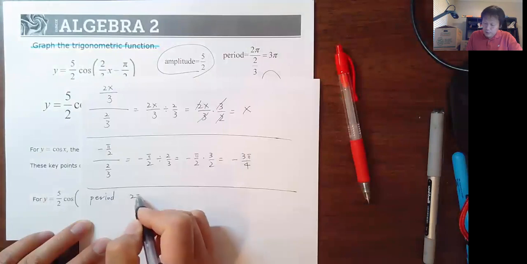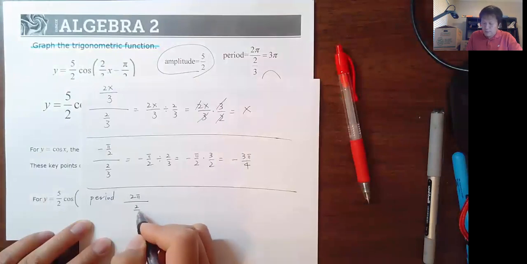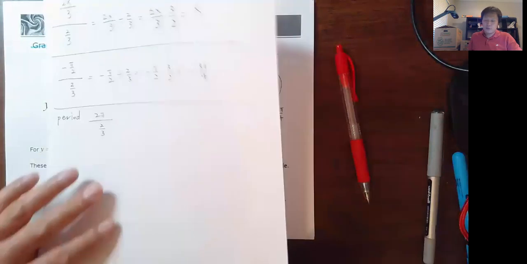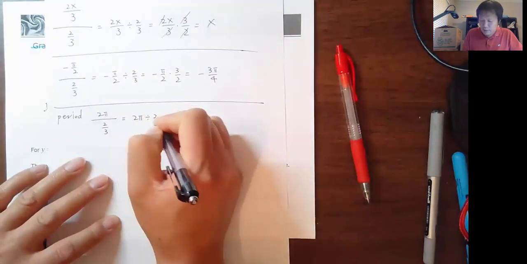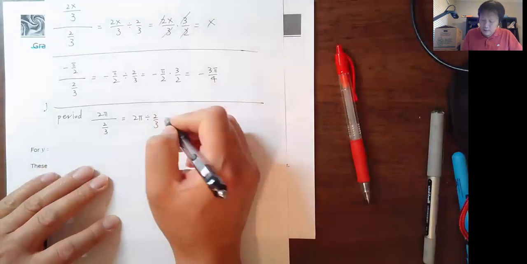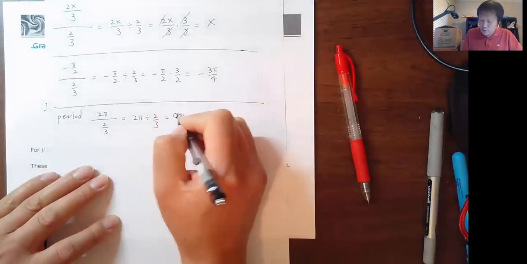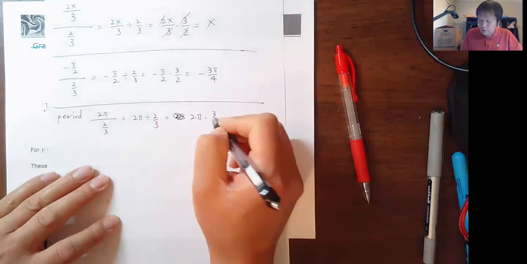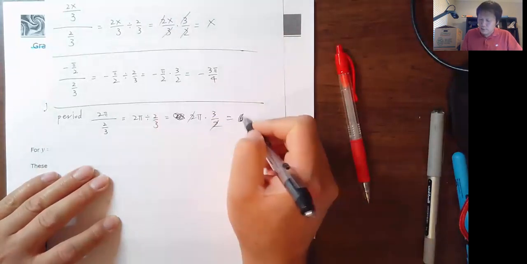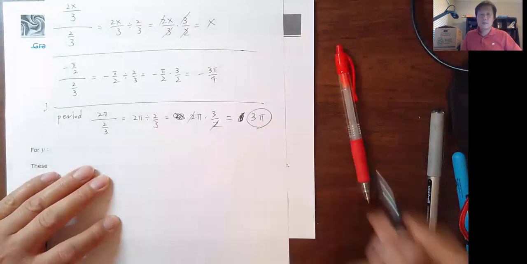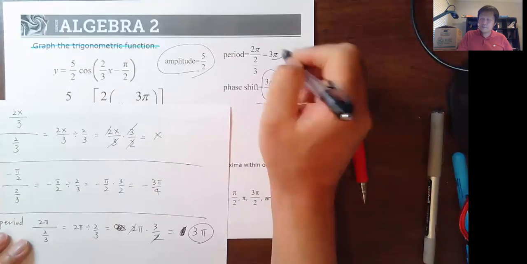Period is 2 pi over the absolute value of B, which is 2/3. This is the same as 2 pi divided by 2/3, which is exactly the same as 2 pi multiplied by the reciprocal. And 2 cancels out, it becomes 3 pi. 3 pi is the period.